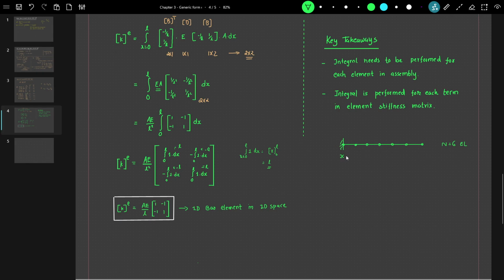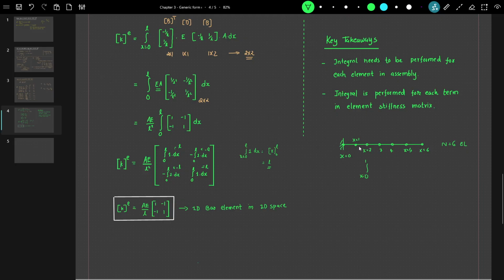So this is x equal to 0, this is x equal to 1. Let's take the length of each element as the same, 1 mm. So x equal to 3, 4, 5 and x equal to 6. For this element, the stiffness matrix integration is performed over x equal to 0 to 1, and the remaining terms.